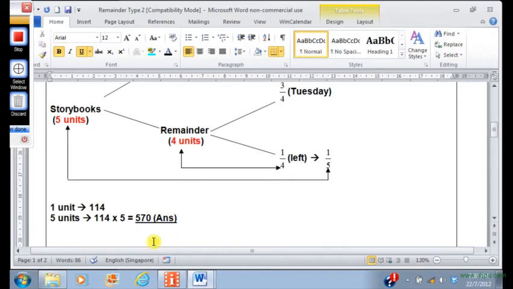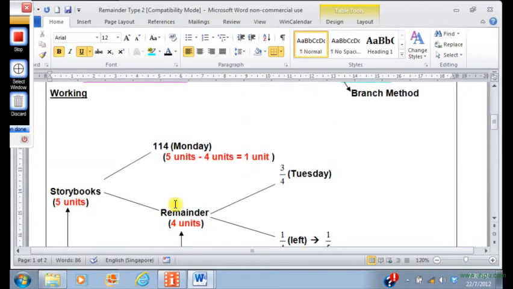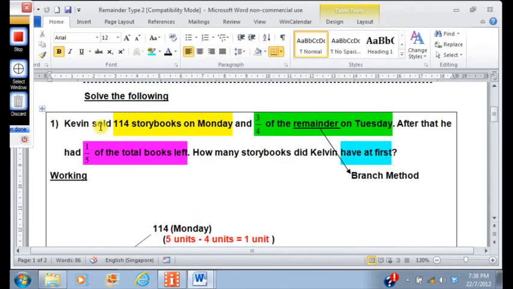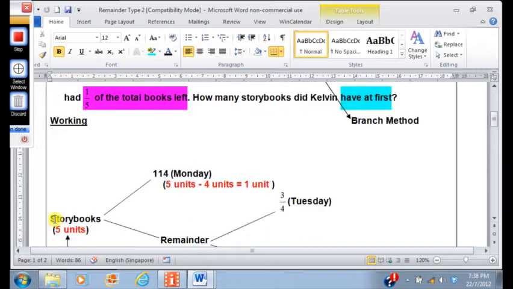Let me go through with you one more time again. Calvin sold 114 storybooks on Monday and 3/4 of the remainder on Tuesday. Remainder, branch method. So let's write. Storybooks is what he's selling. 114 on Monday. This is not a fraction, so we cannot form another fraction here.